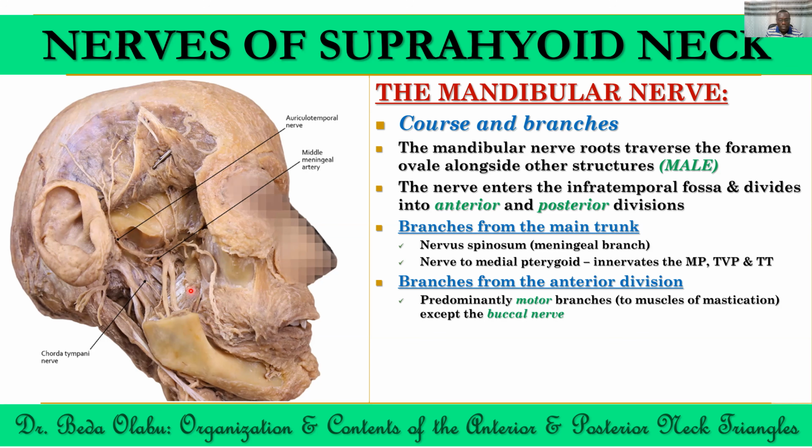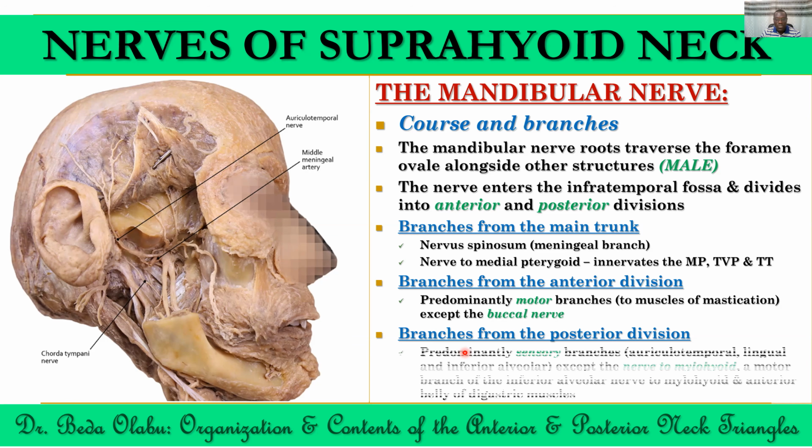All right. Now let's talk about the branches from the posterior division of the mandibular nerve. Branches from the posterior division of the mandibular nerve are predominantly sensory. There are three major branches.